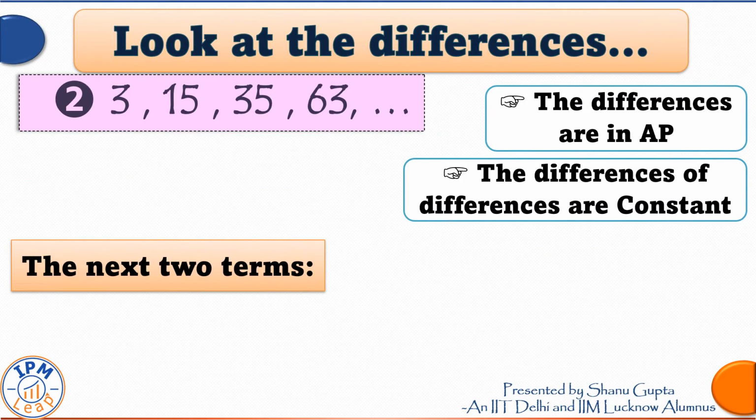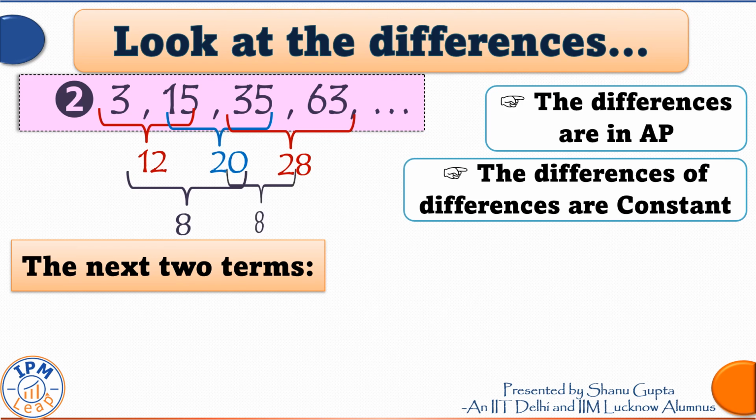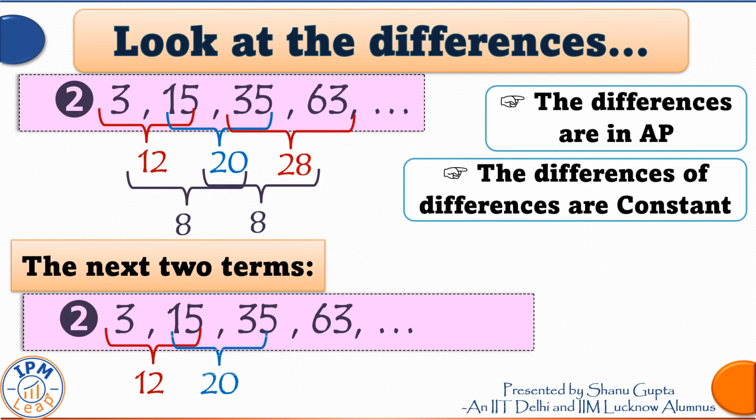Our second sequence is 3, 15, 35, 63. We check the differences. 15 minus 3 is 12. 35 minus 15 is 20. 63 minus 35 is 28. Clearly, the differences of these differences is 8, which is a constant. We can extend this sequence of first differences.